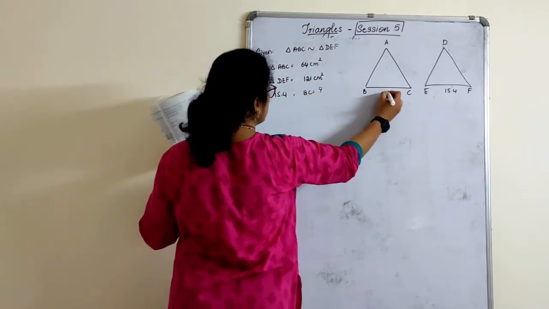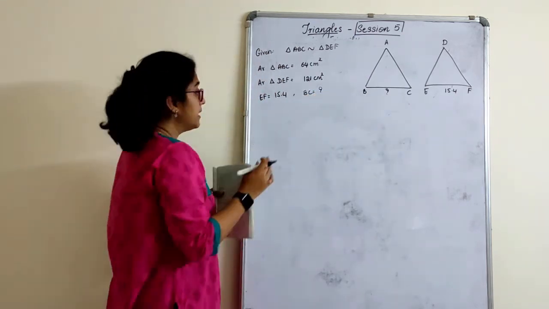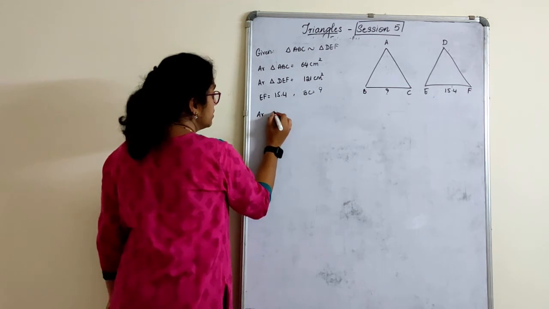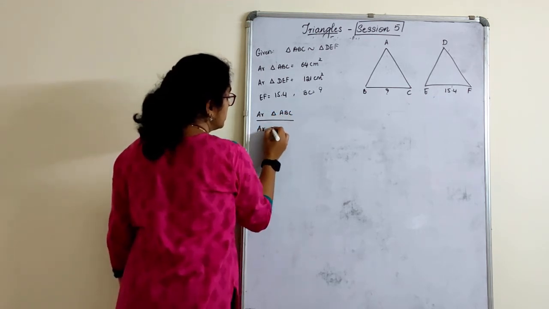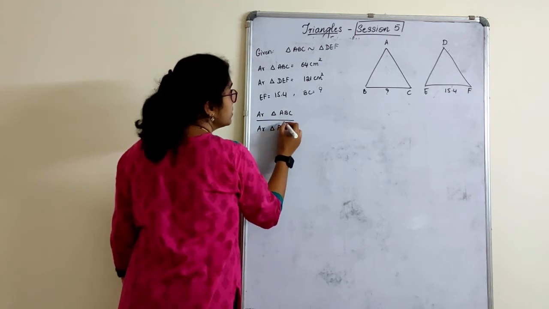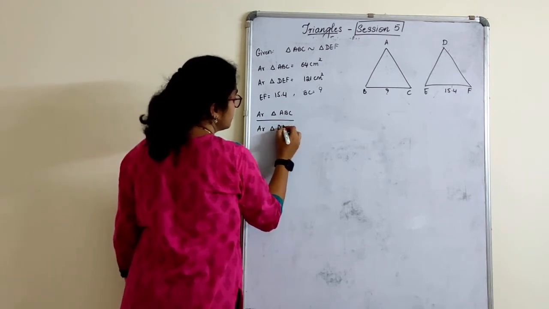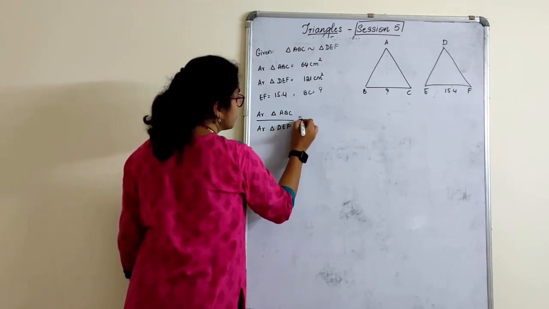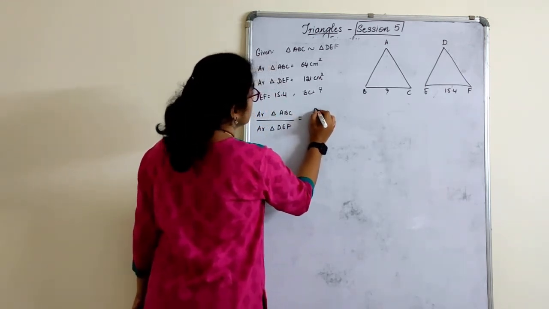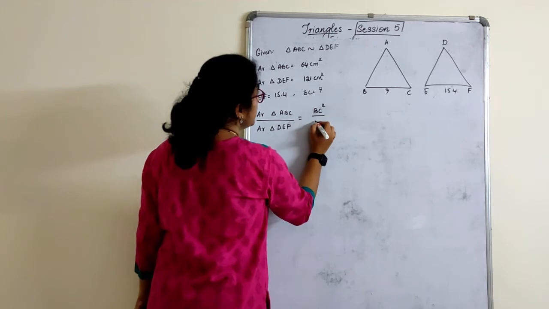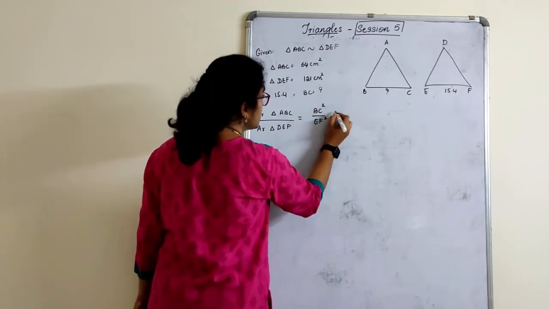Apply the relation. Area of triangle ABC to area of triangle DEF is equal to BC square upon EF square.